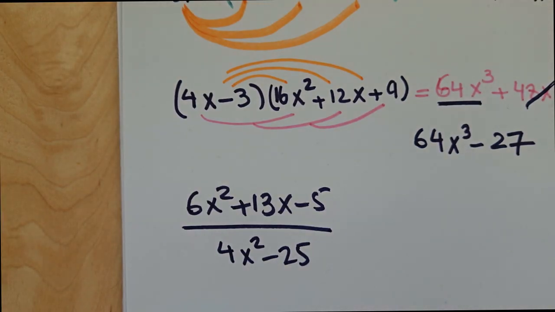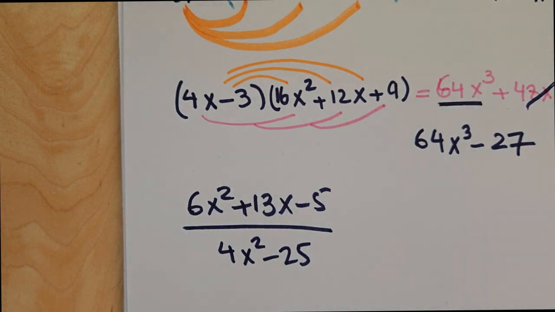Okay, moving on to the next question. We are given this fraction, and the question is simplify. In order to simplify, we have to deal with the numerator first and then the denominator, and then start by finding the common factor and canceling out everything.